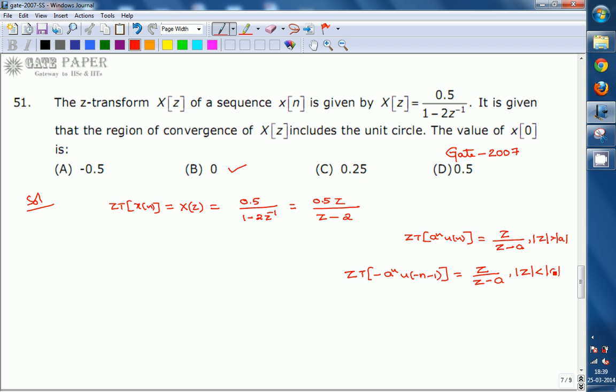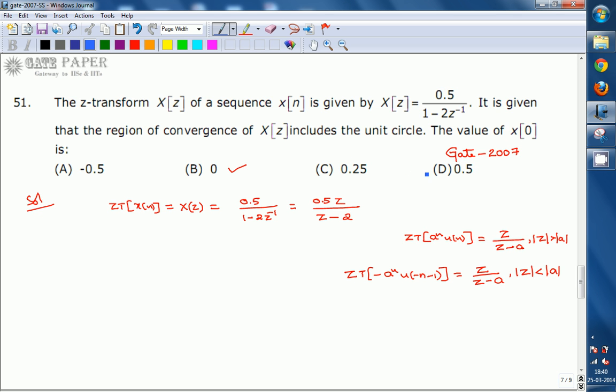So here X(z) is in the z by z minus a form, and the inverse Z transform has two possibilities, that is a^n u(n) and minus a^n u(-n-1). Now we will verify which one we need to consider for x(n) from the given question.